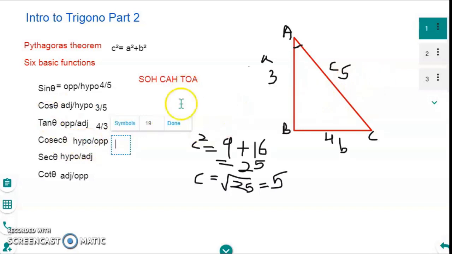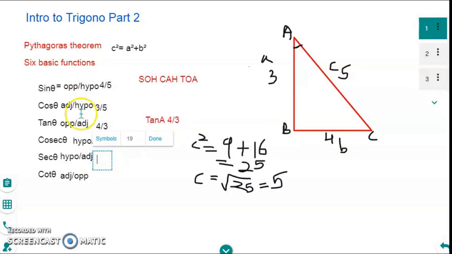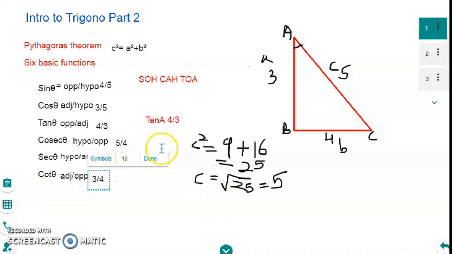It should be the inverse of sine, which is hypotenuse over opposite, right? Sine is 4 over 5, so its inverse is 5 over 4. Sec should be the inverse of cos, so if cos is 3 over 5, this should be 5 by 3. And cot, which is the inverse of tan, and if tan is 4 over 3, this should be 3 over 4. So that's what it is. So that was problem number 1.